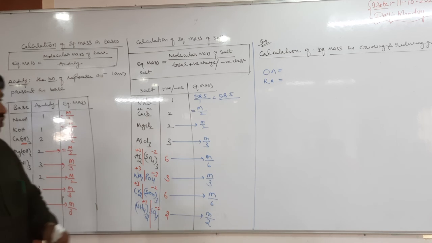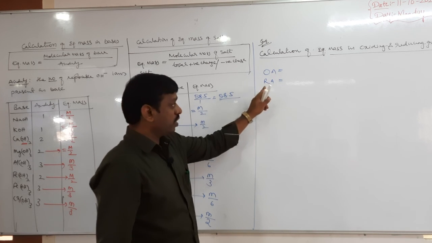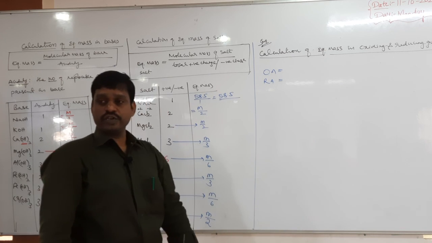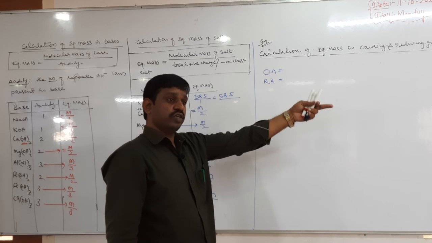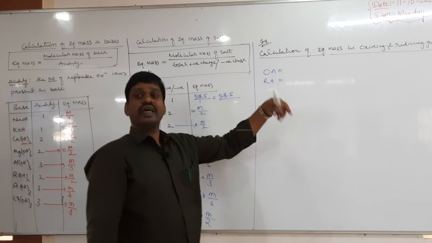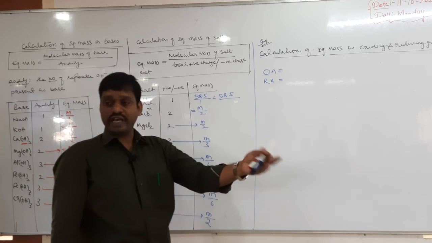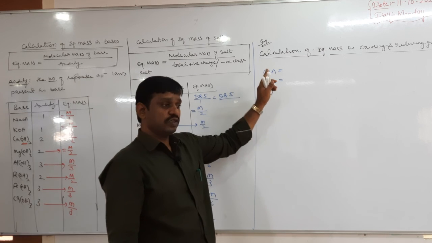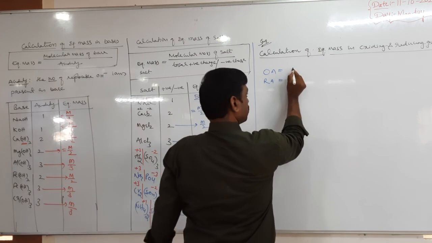So oxidizing agent itself undergoes reduction. It is reverse for reducing agent: reducing agent itself undergoes oxidation. Therefore the species which undergoes reduction in a redox reaction is called the oxidizing agent.